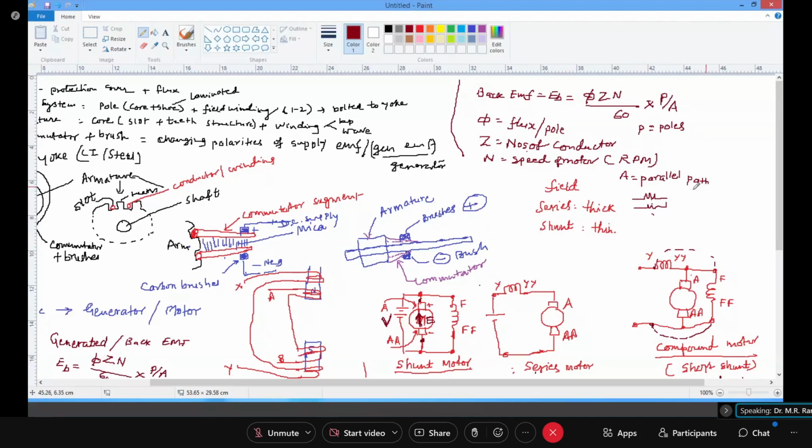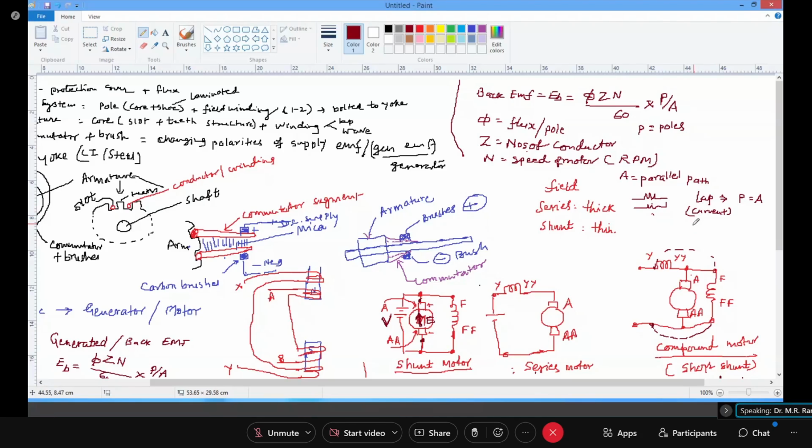Just note down one thing. For lap winding, P is equal to A, and this is used for high current machines.